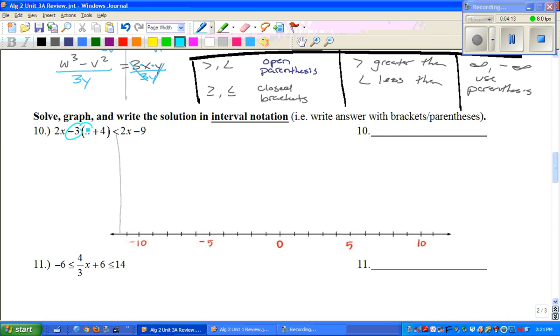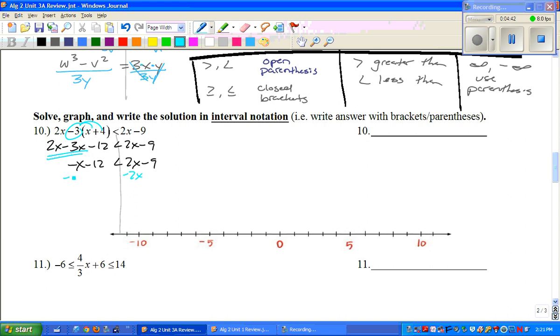We need to distribute that negative 3, and we get 2x minus 3x minus 12, 2x minus 9, okay? We need to combine the like terms. We get negative x minus 12 is less than 2x minus 9.